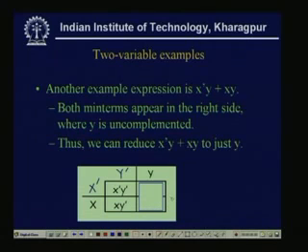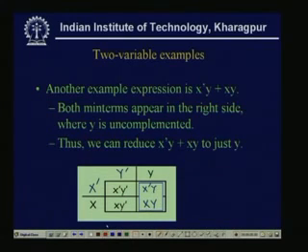Then the first element is x dash y dash, the second element of the first row is x dash y, and the second element of the second row is x y.